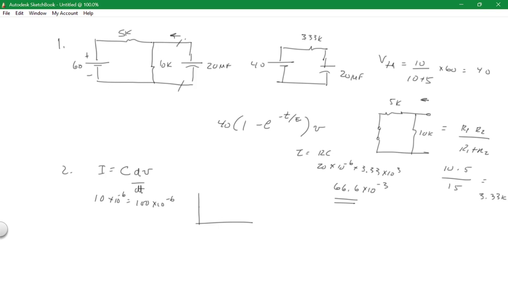So the slope of voltage with respect to time is the change in voltage with respect to time. So here it is, 10 times 10 to the minus 6 is equal to 100 times 10 to the minus 6 times the change in voltage, dV, over the change in time, which is 8 seconds.